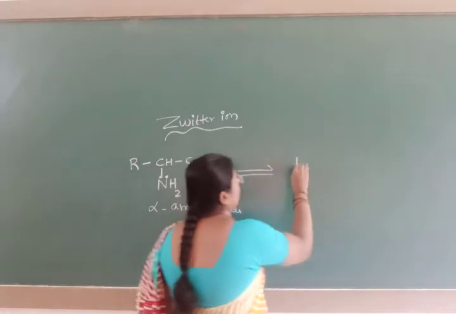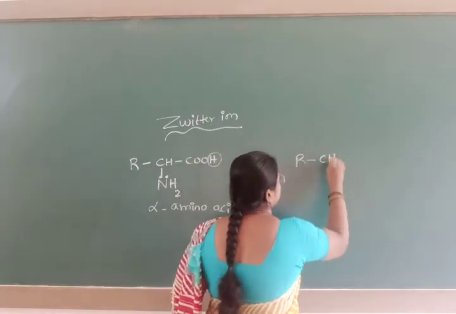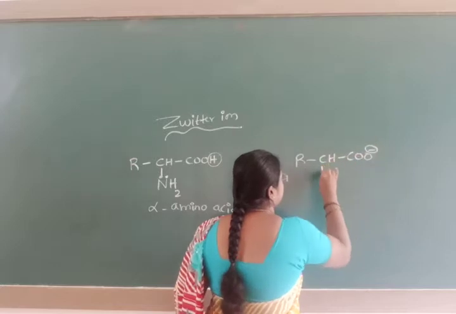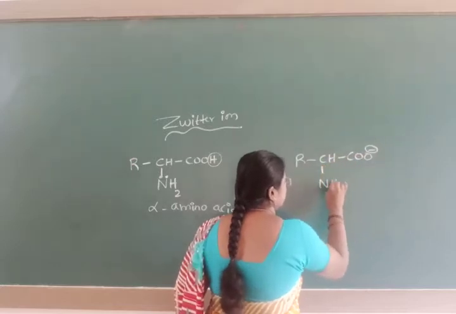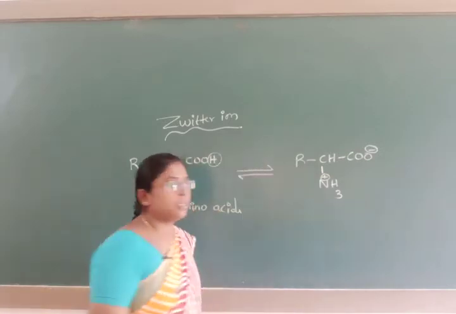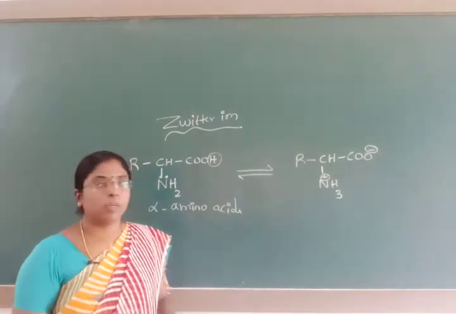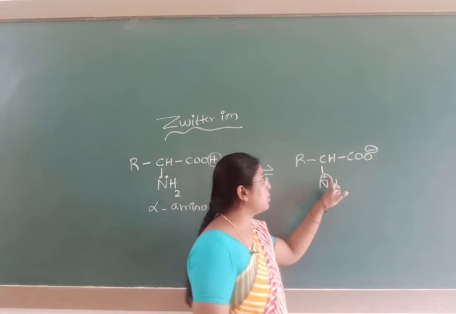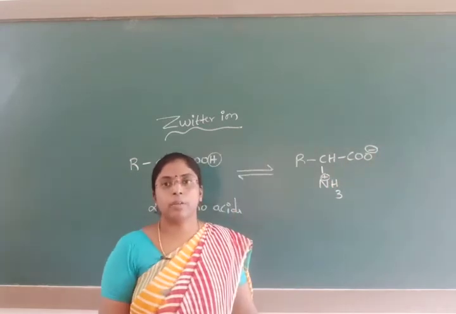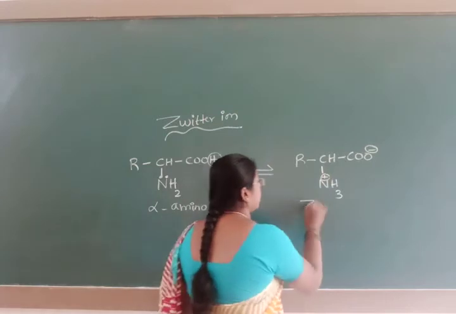It will form R-CH, with NH3 plus. In a single molecule having the positive as well as negative charge, such type of ion is known as Zwitter ion.